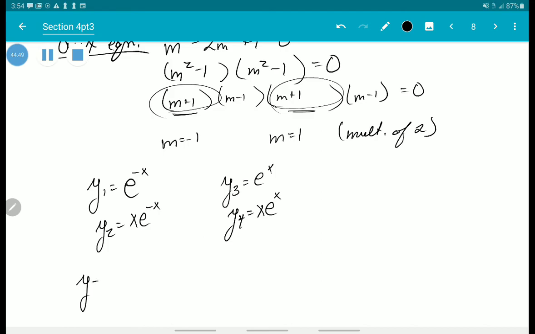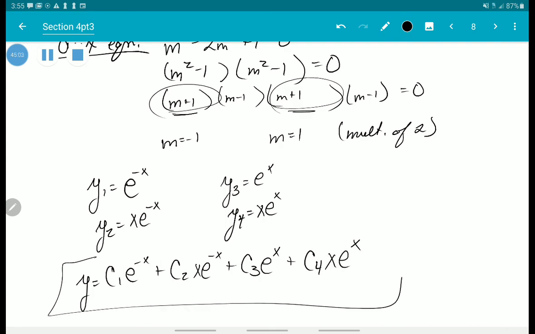So then our solution is going to be using that superposition principle. So there's our final answer.